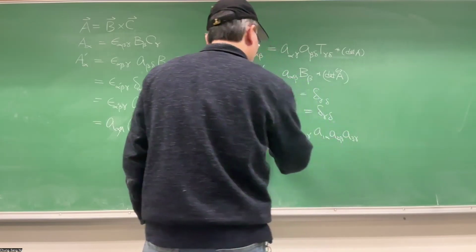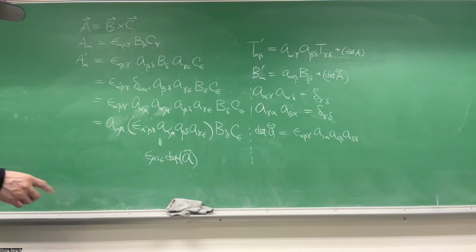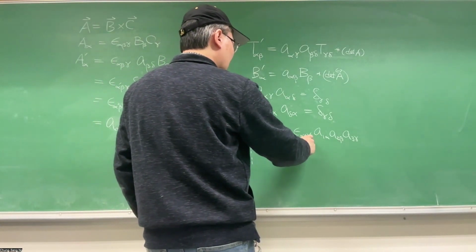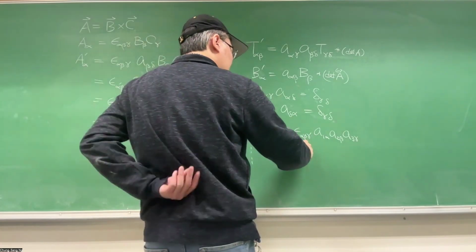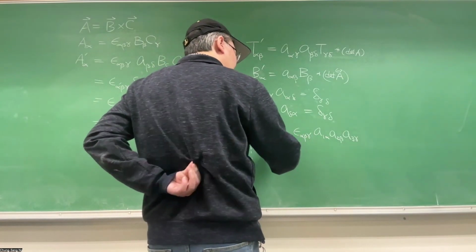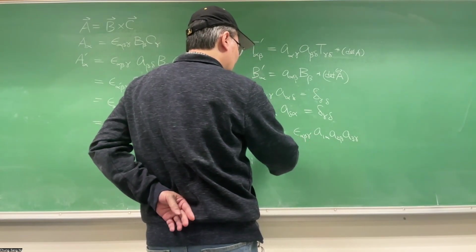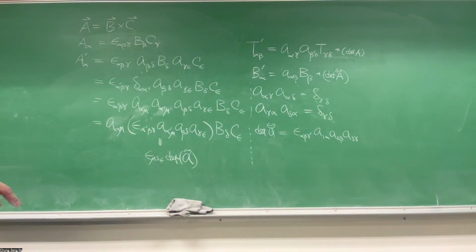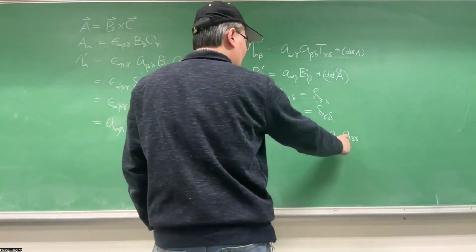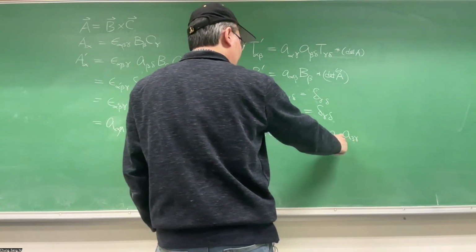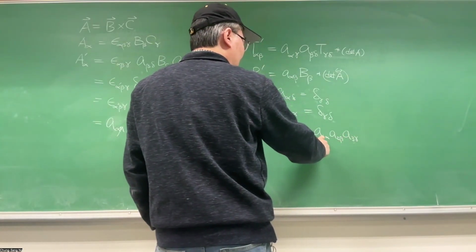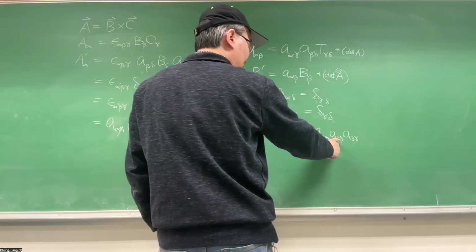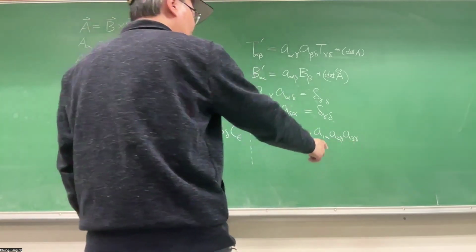If you have a 3-dimensional space, and then this index is going to 1, 2, 3, and then the determinant of a matrix that is the product of 3 elements, and they always take one from the first column, the other is from the second column, and the third one from the third column.